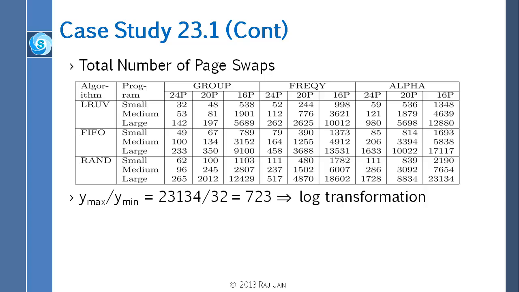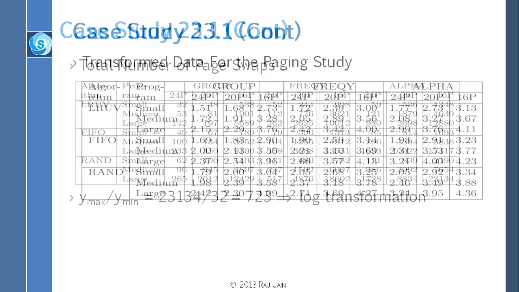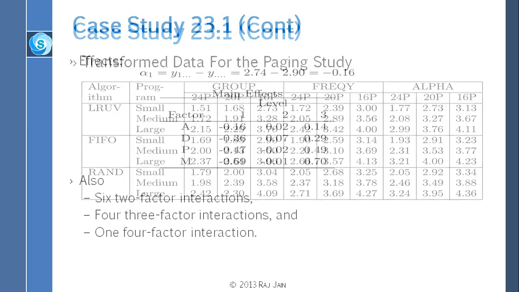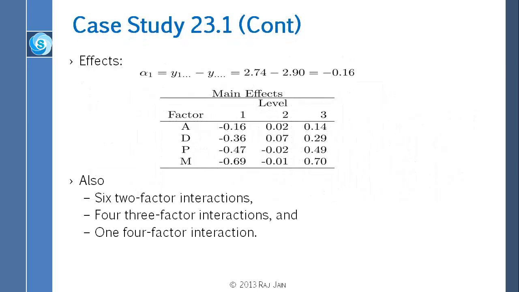Best is LRU, because this is a metric where pages swapped should be minimized, and so lower is better, and therefore minus 0.16 is best. So LRU, and then D is the group, and a small page size and 24 page memory.